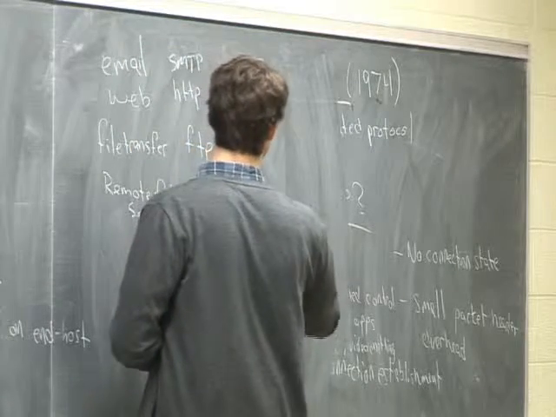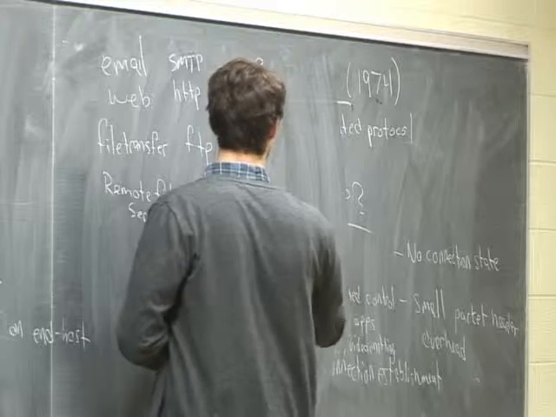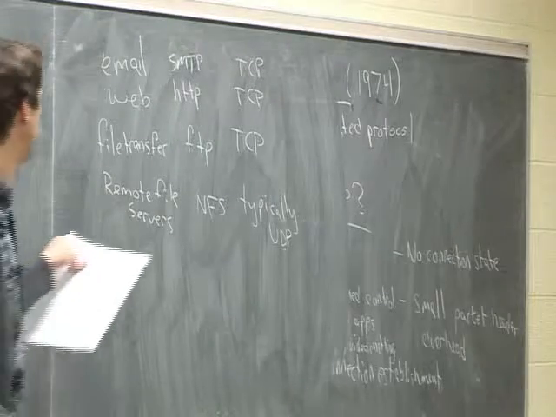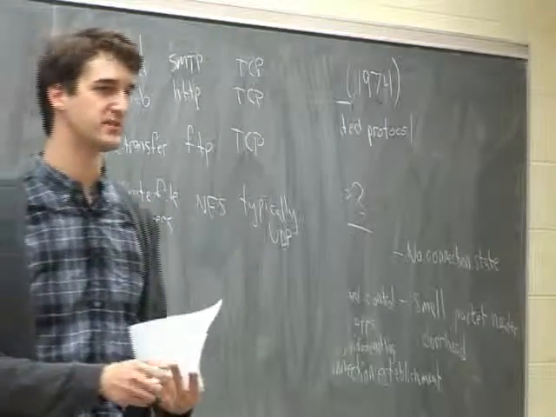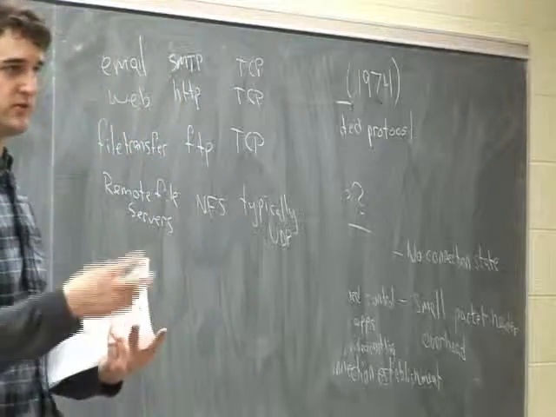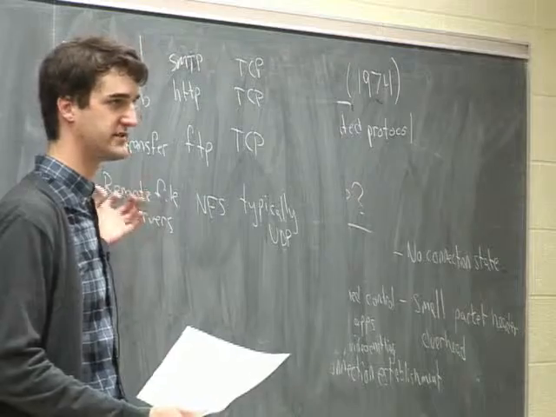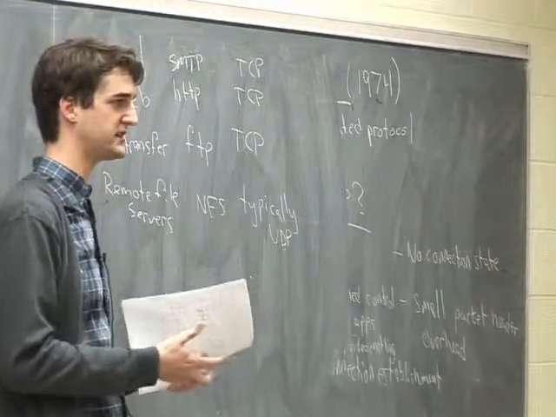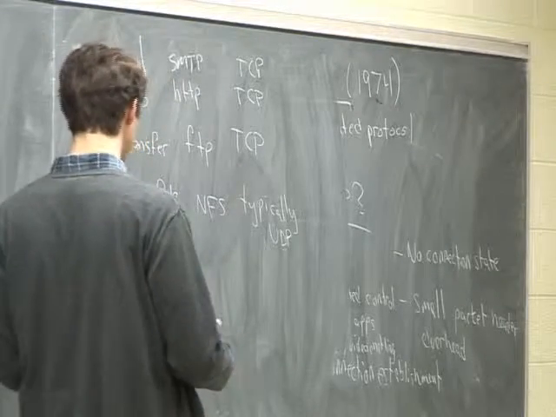It typically uses UDP. The reason these remote file servers typically use UDP is performance, and because generally the users of the file server are on the same network as the file server, so they want to get you the data as fast as possible and not be constrained by congestion control and so on.